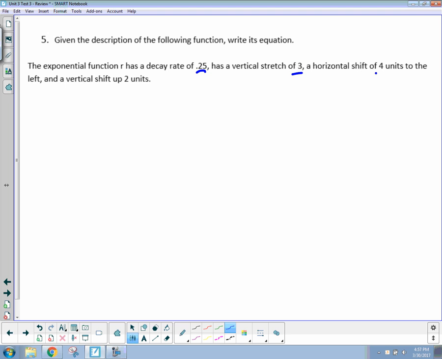So this probably looks like, r of x equals 3 for the vertical stretch. Decay rate would be the next thing. We're shifting horizontally 4 units to the left, so that means we need to add 4. Remember, opposites here. And we shift it up 2, so plus 2. That is my formula.